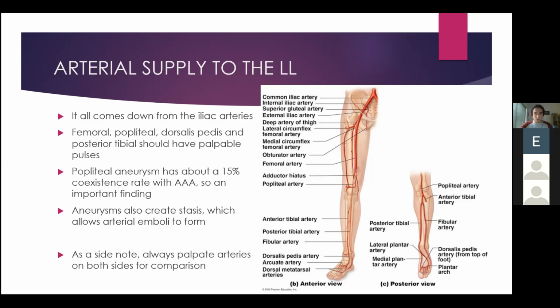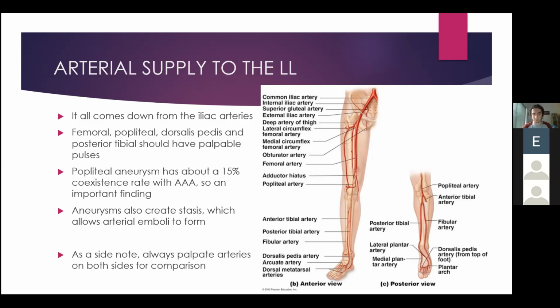Now, in terms of the arteries of the lower limb, I would only bother learning the ones you can feel a pulse for, because the only people who ask you about this will be the vascular surgeons, and they only care about the ones they can feel a pulse for. So your femoral pulse, popliteal pulse, dorsalis pedis, and posterior tibial, know those ones.